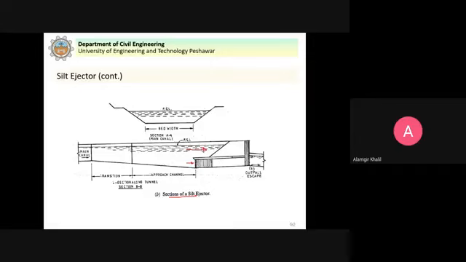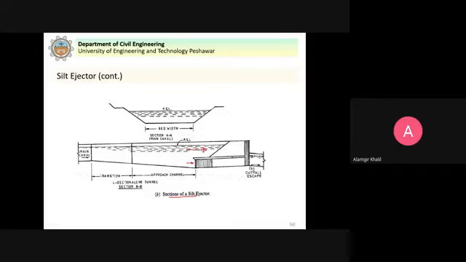Where we construct this barrage or diversion headworks, we raise the water level and divert the water into the canals. So the site should be close to the agricultural fields. Otherwise, we have to provide very long canals to bring the water from the diversion point to the agricultural fields.